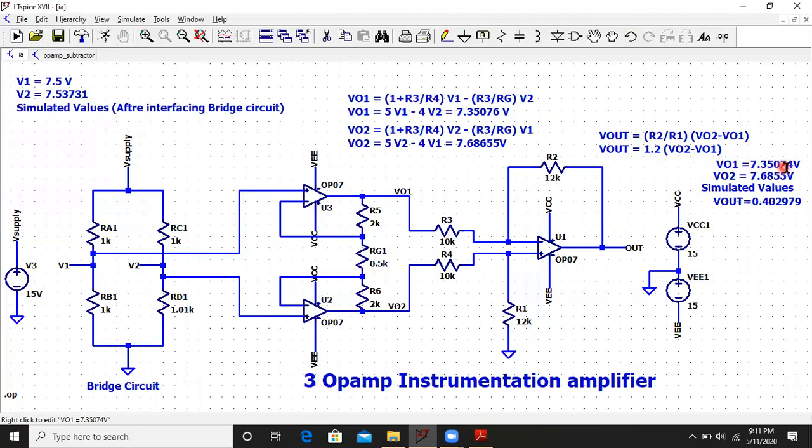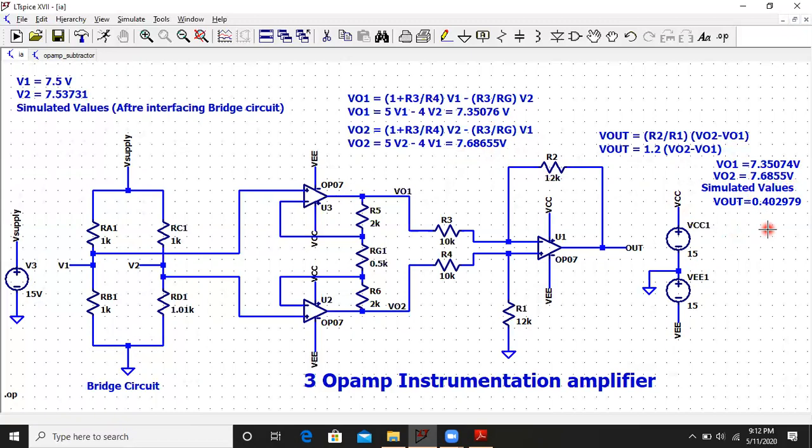So the simulated value of VO1 is 7.35074 and here it is 7.35076. The simulated value of VO2 is 7.68655 and here we are getting 7.68655. So it's almost matching. And the Vout value finally is 1.2 times VO2 minus VO1.